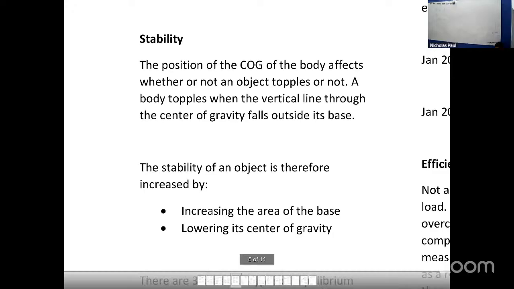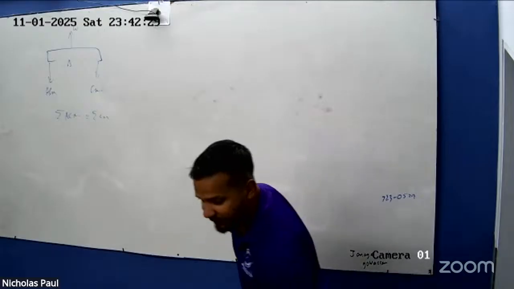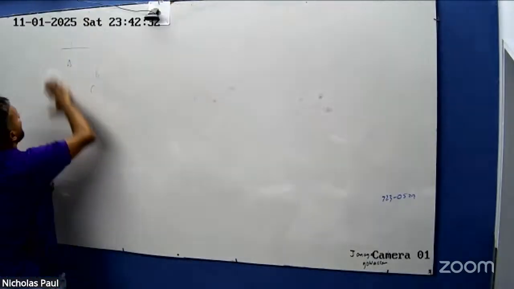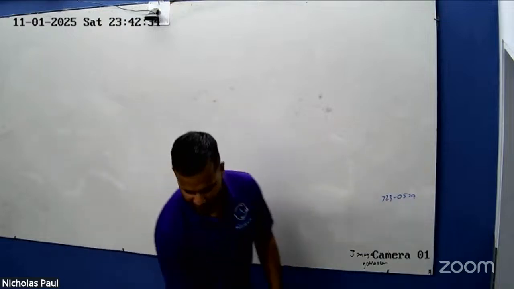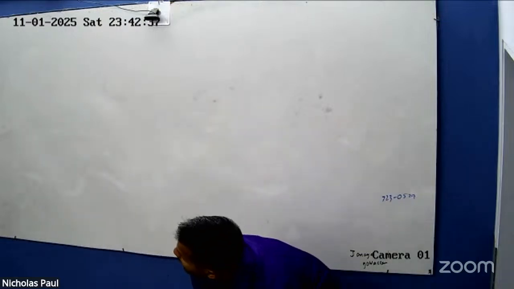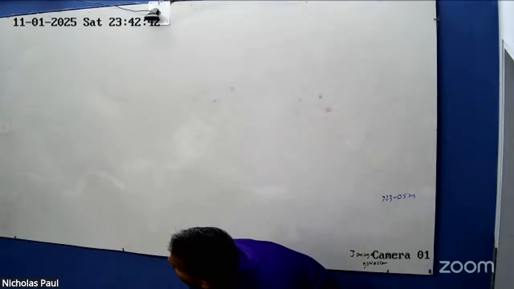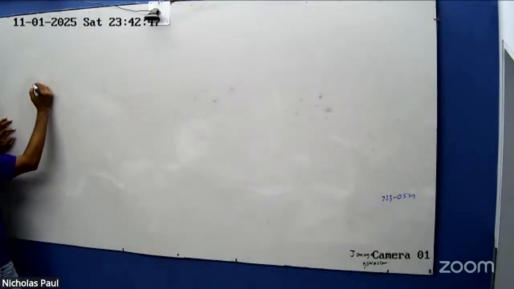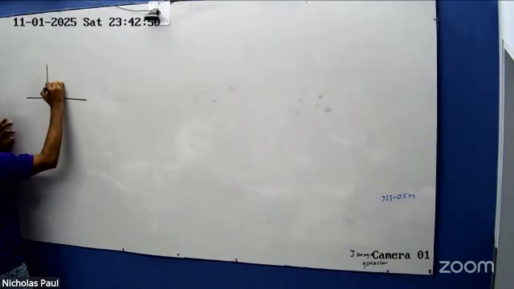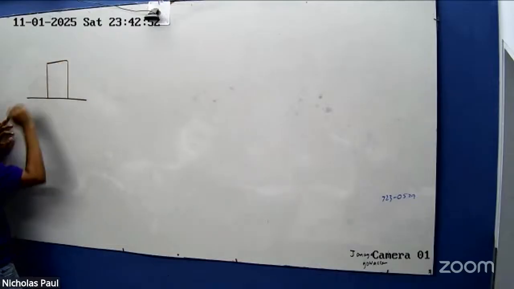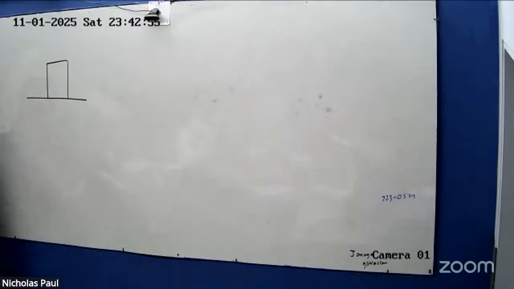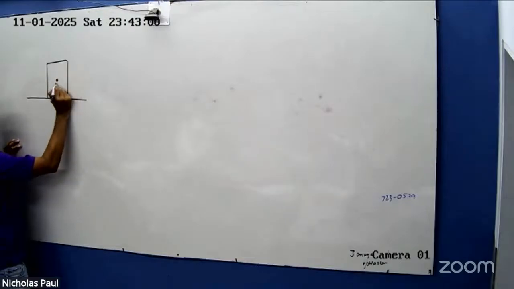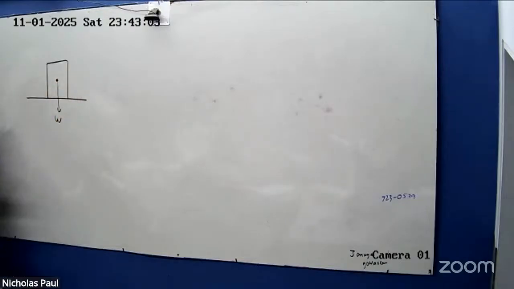Right. So why is the center of gravity important? Let's say I gave you an object looking like this. If I left the object right there, will the object fall? No, the object wouldn't fall. The center of gravity acts right there. Everybody okay with that?